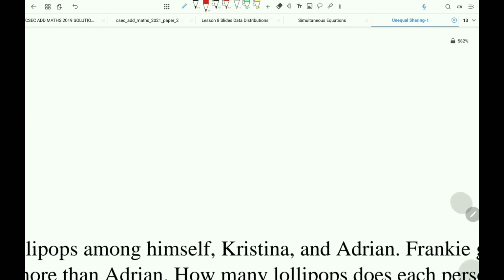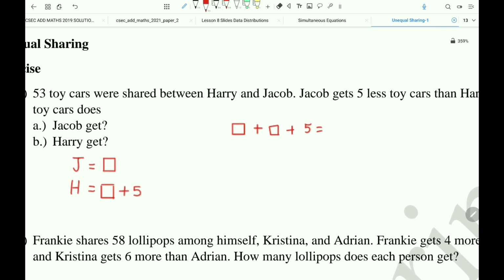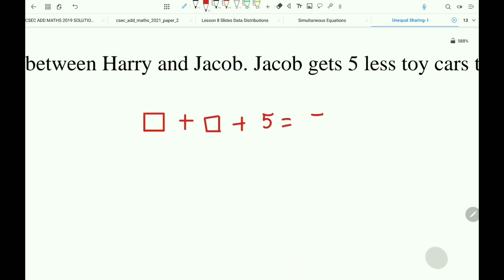So when we add these two up, we get box plus another box plus 5, and that's going to be equal to our total, 53, right?